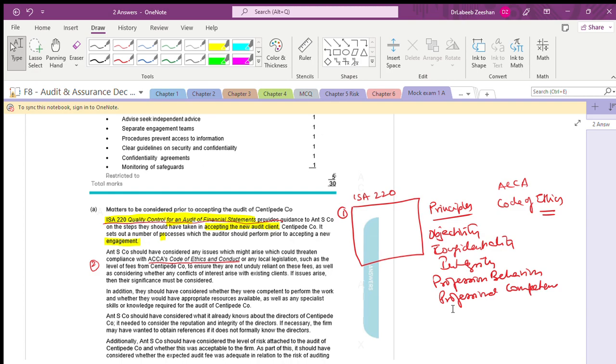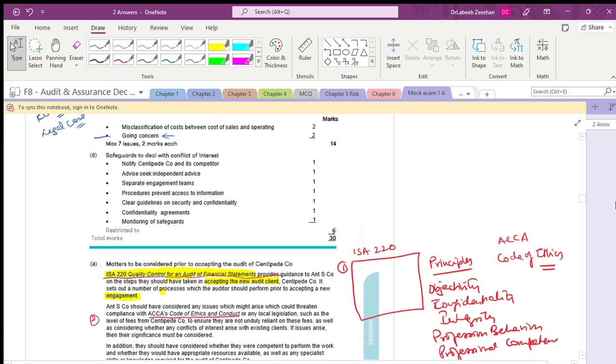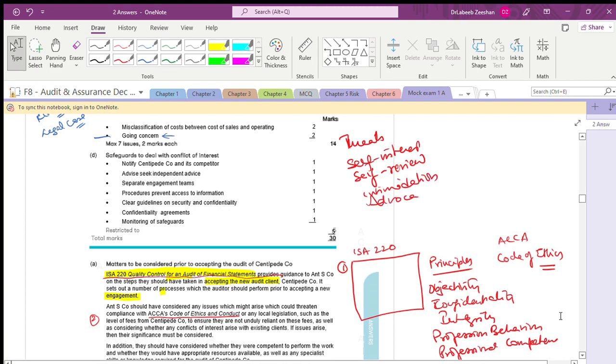And here, threats. Self-interest. Next. Self-review. Next. Intimidation. Next. Advocacy. Next. Familiarity. Good.